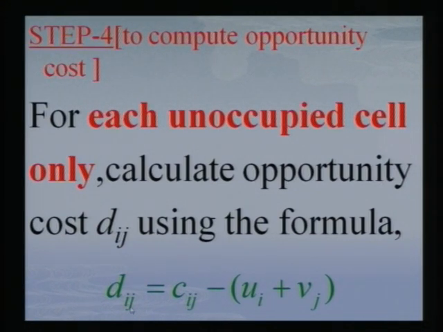So remember the formula, Dij is equal to Cij minus into bracket Ui plus Vj. So first you have to add the two Ui and Vj values for the particular cell i, j, and then subtract it from the cost value Cij. That will give the new cost Dij, which is known as opportunity cost. It gives some opportunity to improve the solution.